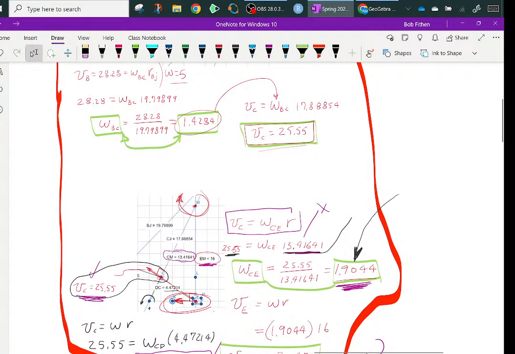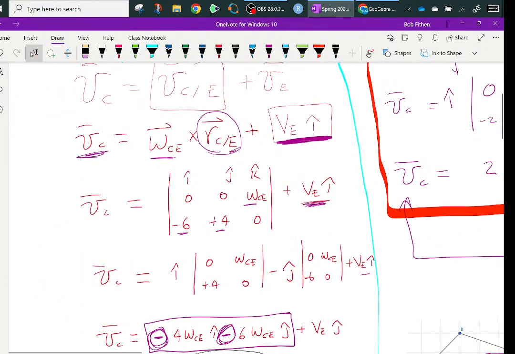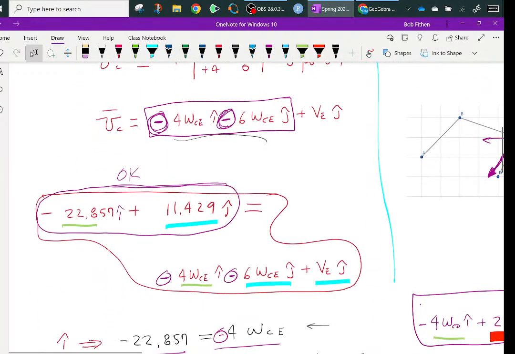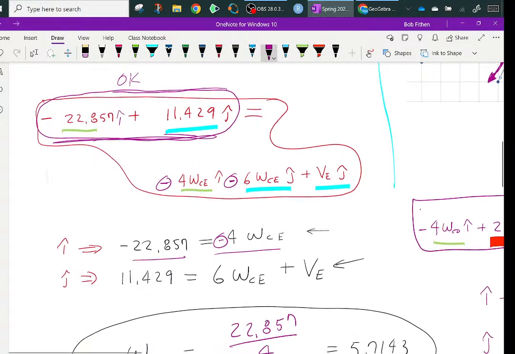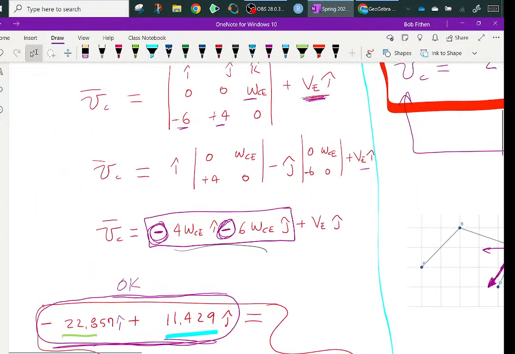No. Okay. It is back and up. That's correct. So there's something I'm doing wrong. I'm going to have to go find this myself.